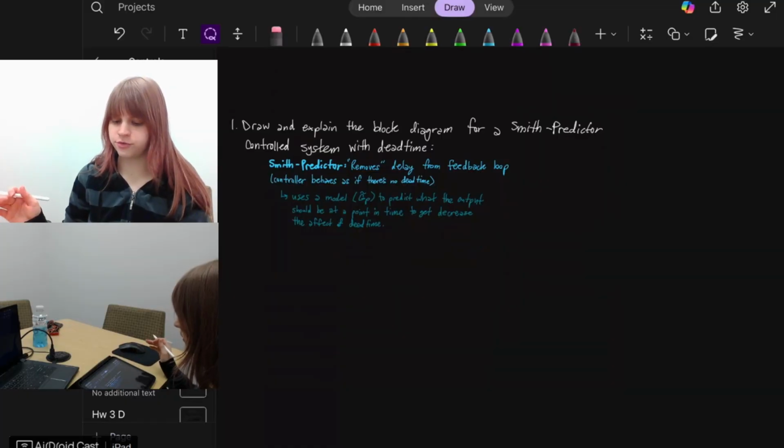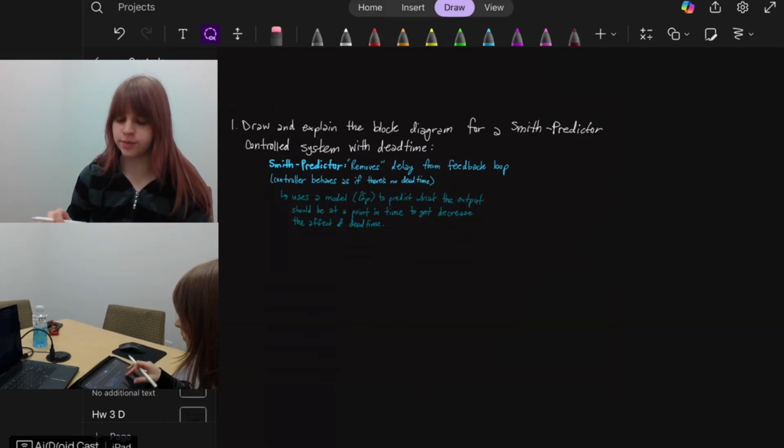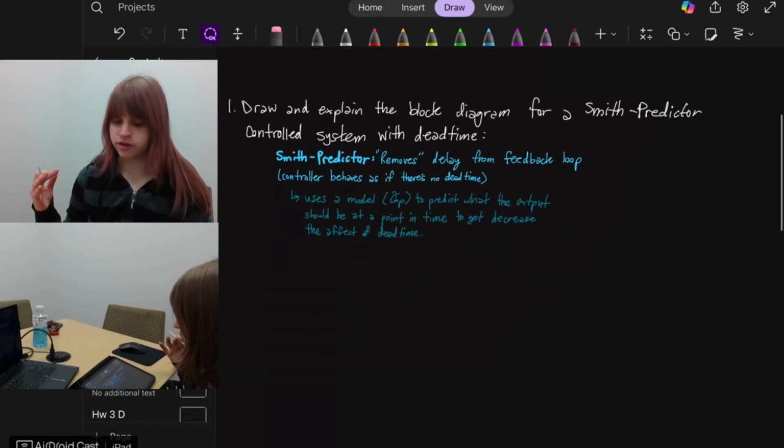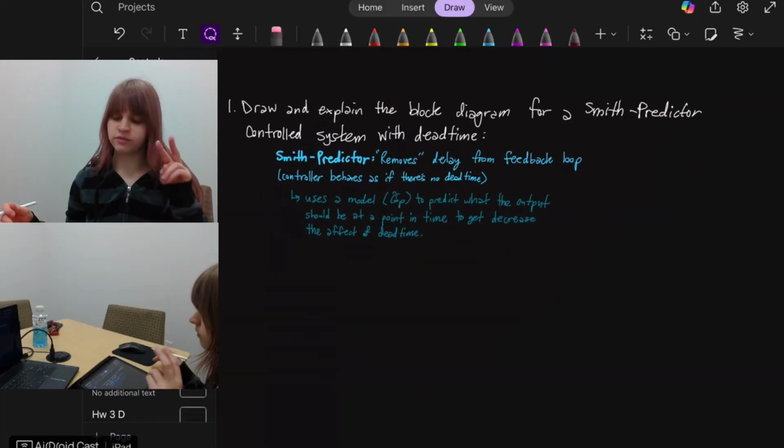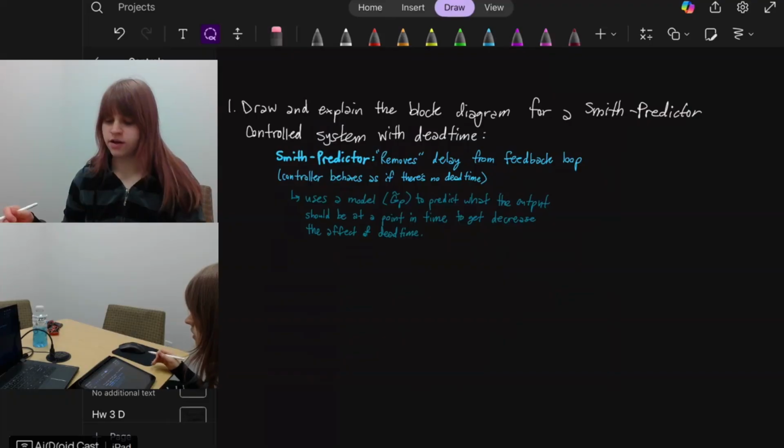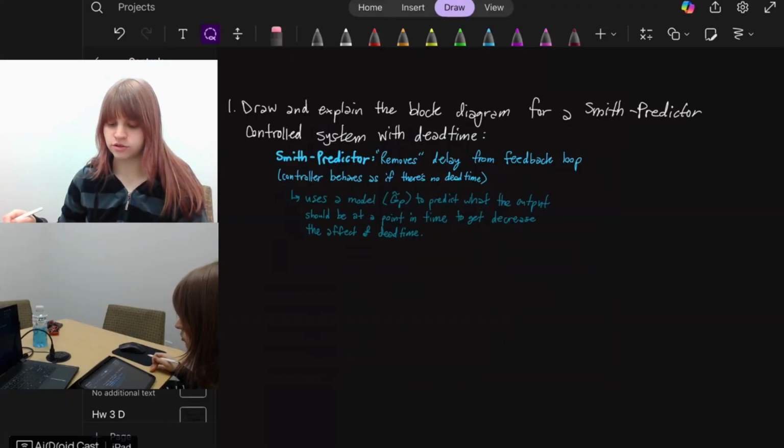To start off, we are going to draw and explain a block diagram for a general Smith Predictor controlled system with dead time. What a Smith Predictor does, essentially, is remove delay from a feedback loop so the controller behaves as if there's no dead time at all.